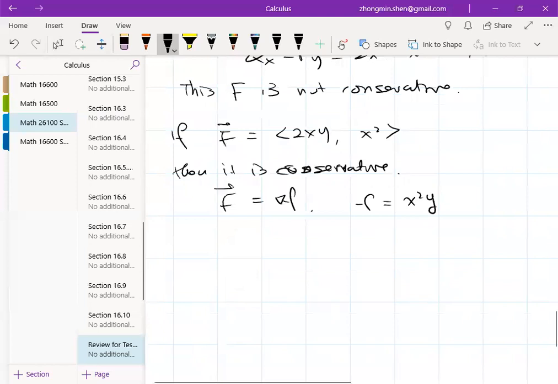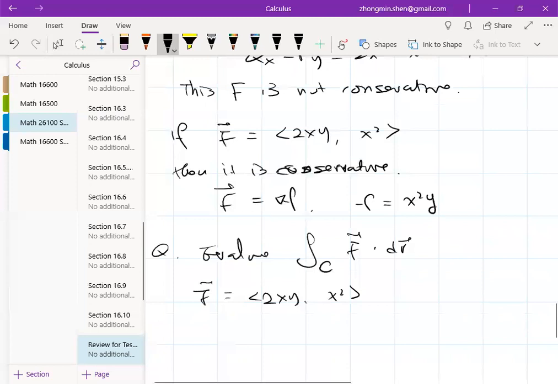Okay, so here's an exercise. Evaluate the integral over C of F dot dr. And C, I can make it complicated. Say C is this triangle from here to here.